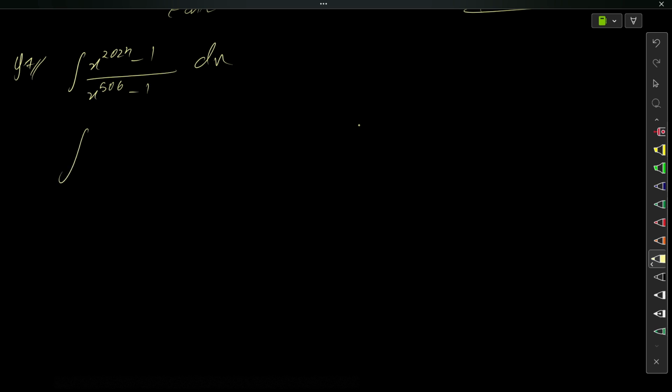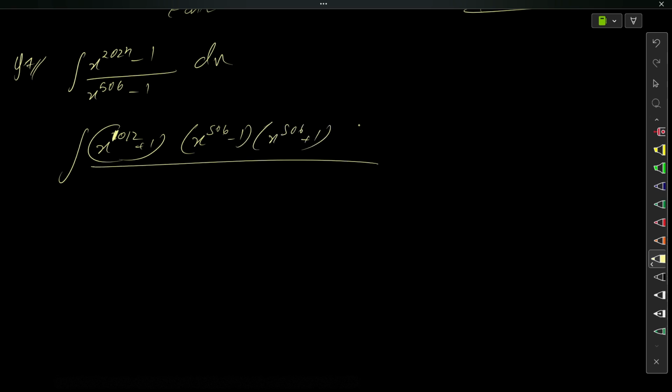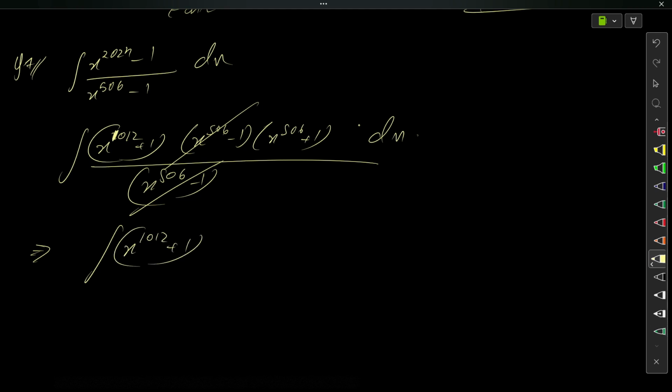If I factorize it, I'll be getting x to the power 1012 plus 1 multiplied by x to the power 506 minus 1 multiplied by x to the power 506 plus 1 divided by x to the power 506 minus 1 with respect to dx, right? So this and this got cancelled, so we are left with x to the power 1012 plus 1 multiplied by x to the power 506 plus 1 with respect to dx.